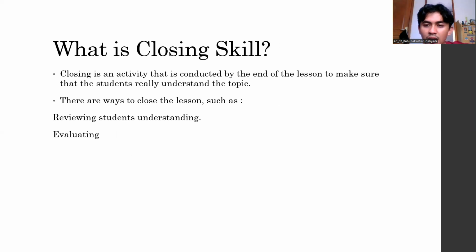Reviewing students' understanding can be done in some ways, for example by asking them questions about the material, or asking them to make a conclusion or summary, by groups or individually. And we can also evaluate them.